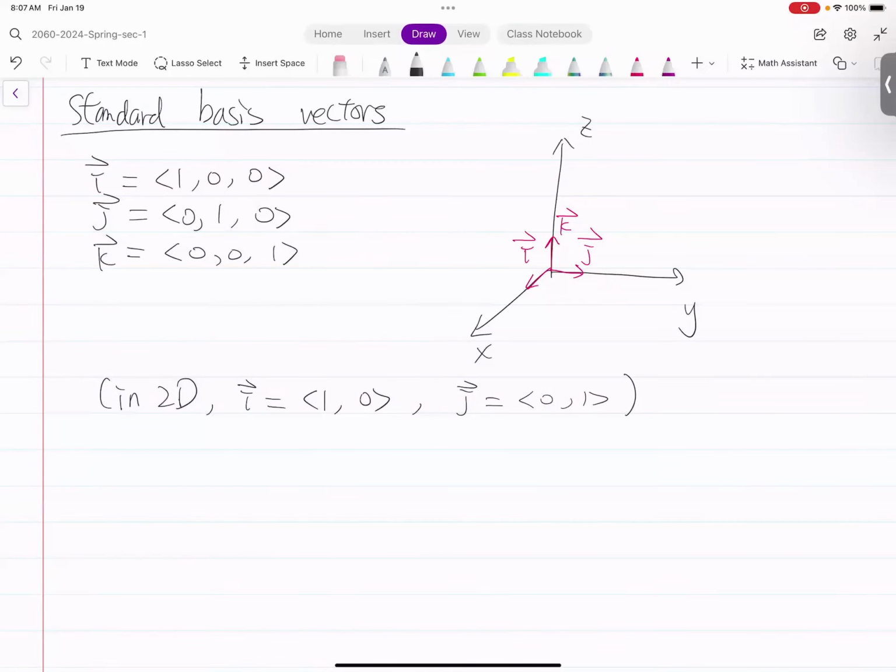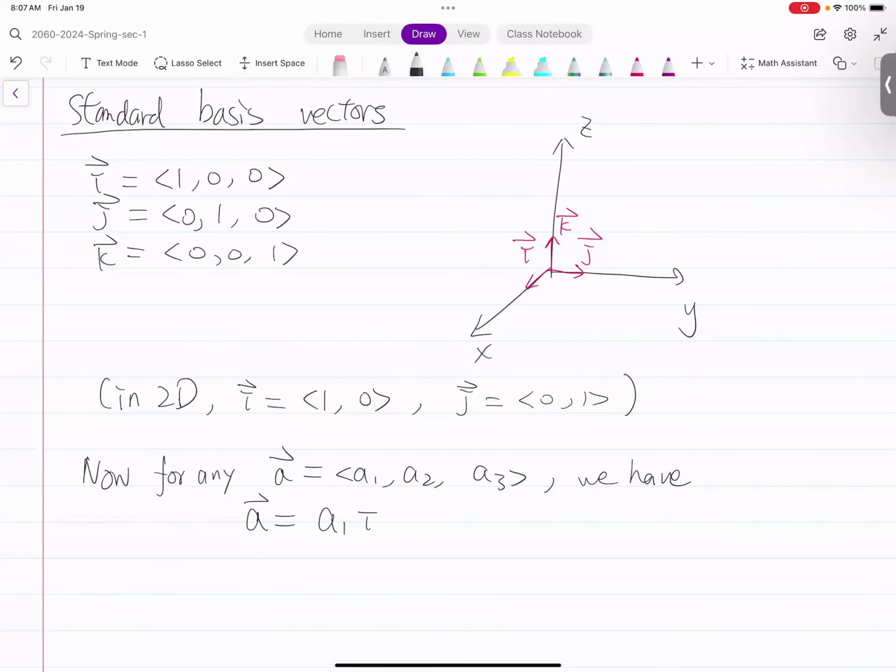So now, for any vector A that has components A1, A2, A3, we can express this vector A as the sum of three vectors in terms of i, j, k.